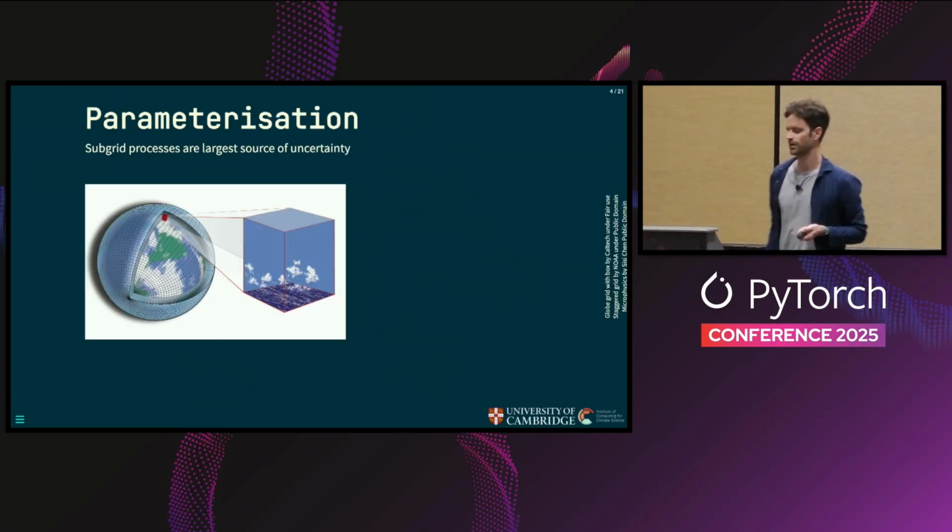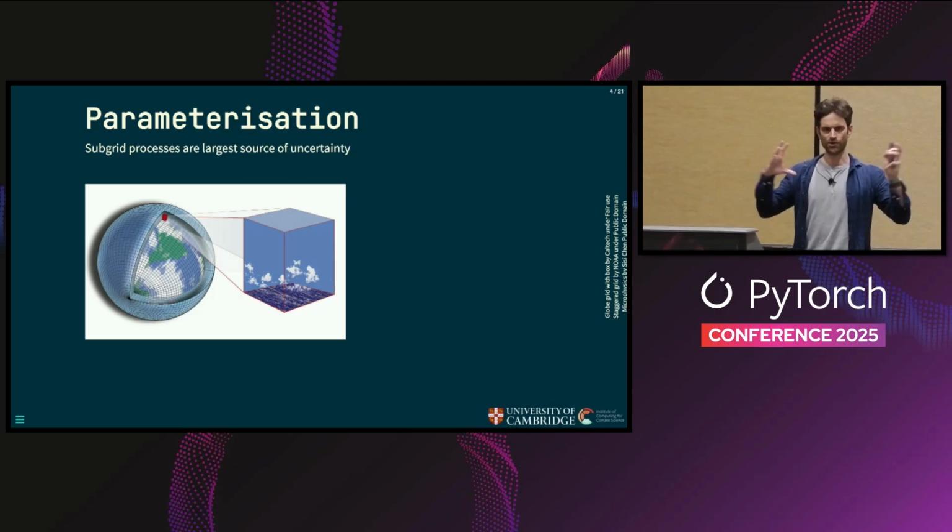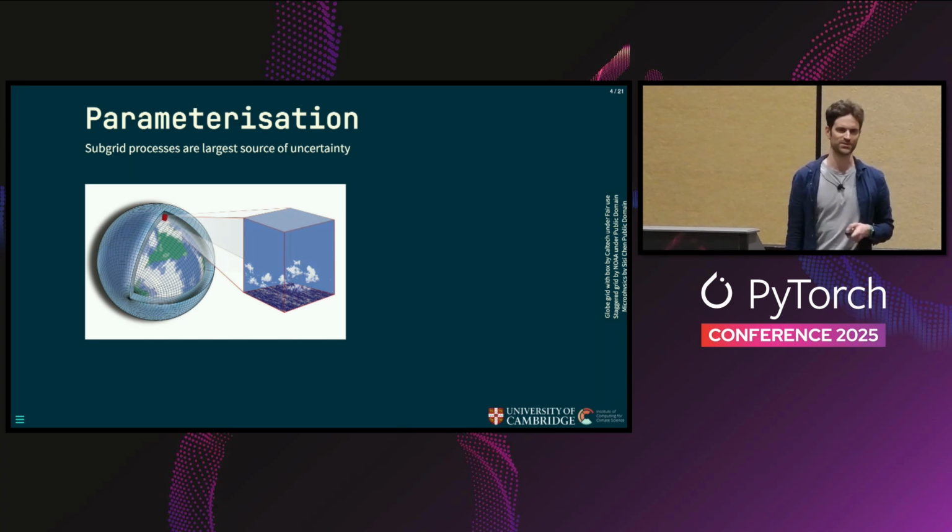Right, so we have this sphere, or our Earth, which we discretize into lots of cubes, but these cubes can still be about 30 kilometers in dimension. This is really, really coarse. So what we rely on are these subgrid processes called parameterizations, which allow us to resolve below the scale of our dynamical core.